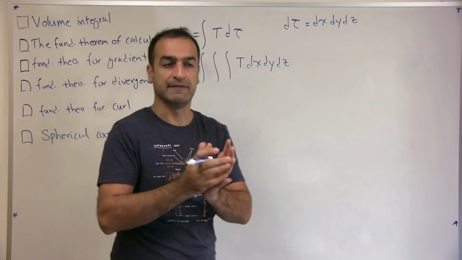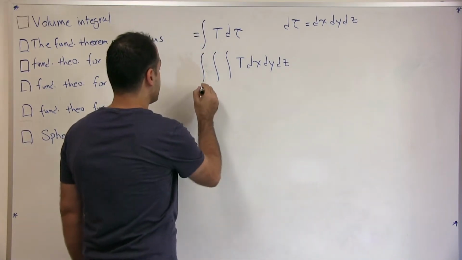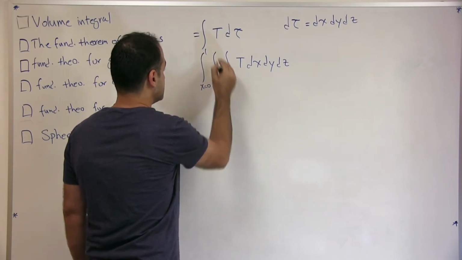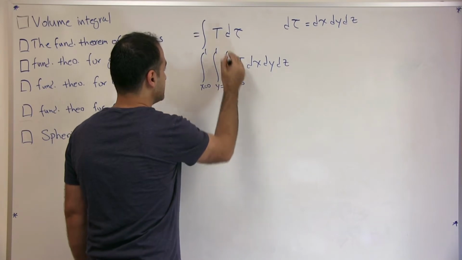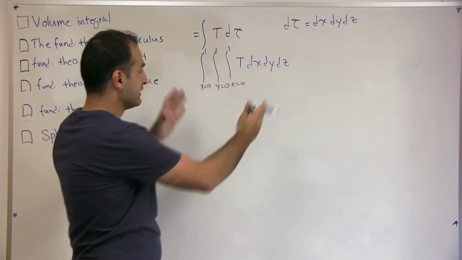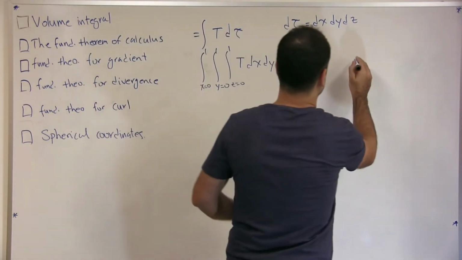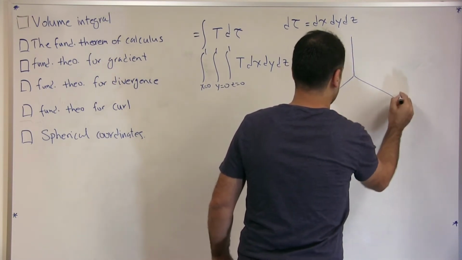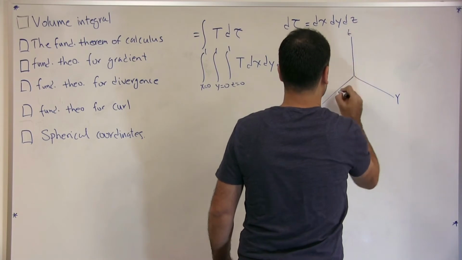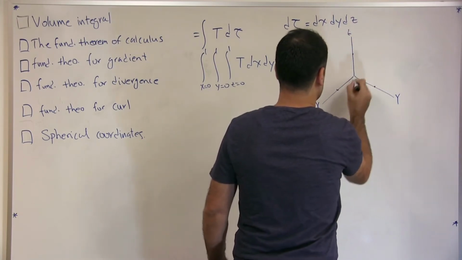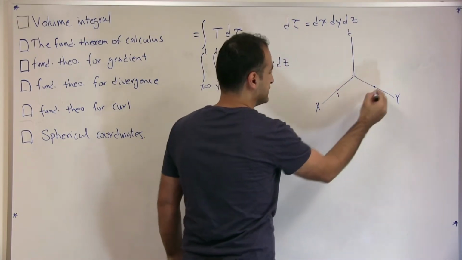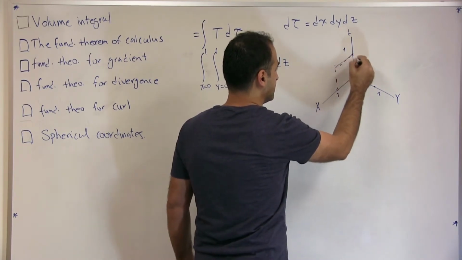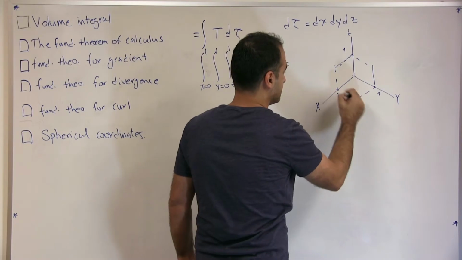So if I put x equals 0 to 1, y equals 0 to 1, likewise for z going 0 to 1, then we are carrying this integral over such a cube, where the limits are 0, right at the origin, and 1.